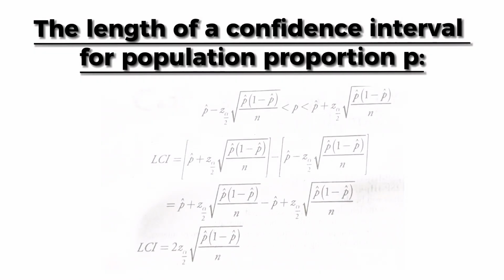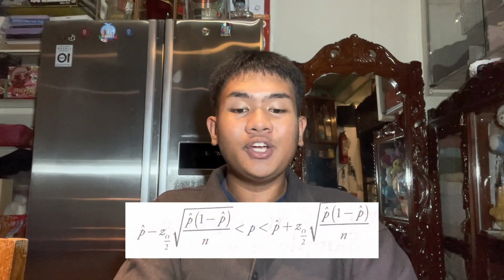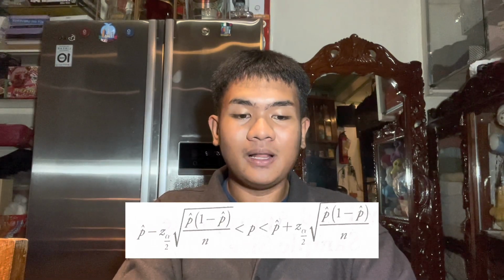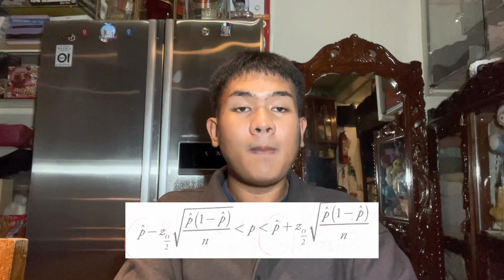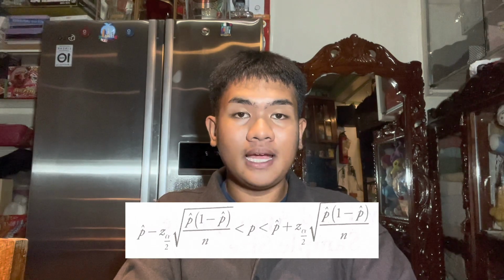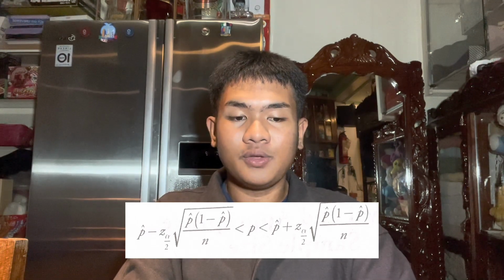Now, let us find the length of a confidence interval for population proportion P. As you can see, you can clearly identify where the UCL and LCL are in the formulas because of their positive and negative signs. In order for us to find it, we are still going to follow the same formula and method.